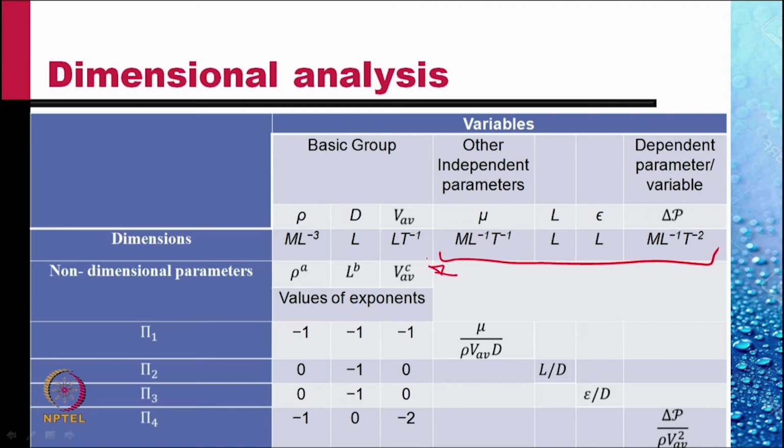If we use viscosity, we get mu divided by rho V average D as the non-dimensional pi number. The inverse of this is the Reynolds number. With L, you get L by D as a non-dimensional parameter. With epsilon, you get epsilon by D as a non-dimensional parameter. With delta P, the dependent parameter, we get delta P divided by rho V average squared as the dependent non-dimensional parameter, pi 4.